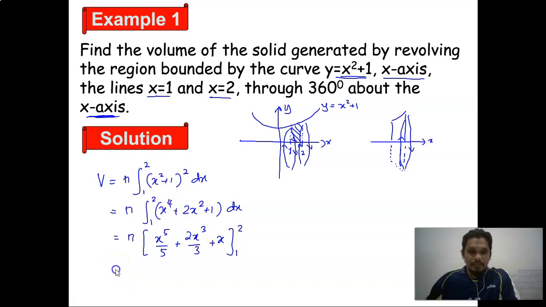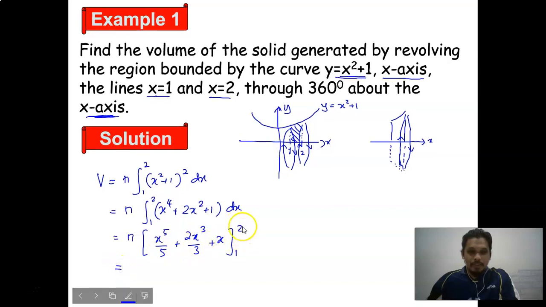Now it's time to substitute x equal to 2 and x equal to 1. Substituting x equal to 2 first: 2 to the power 5 is 32, so 32 divided by 5, plus 2 times 2 cubed, which is 2 times 8 equal to 16, divided by 3, plus 2.